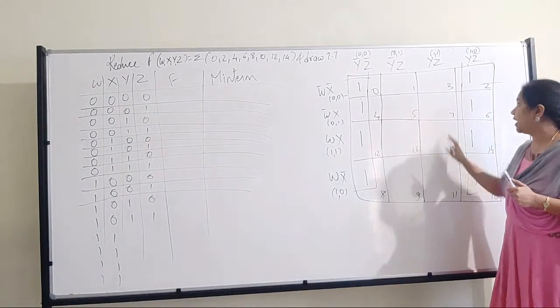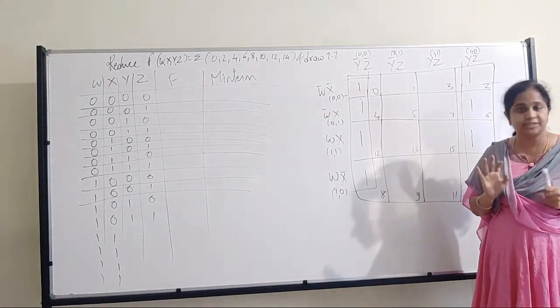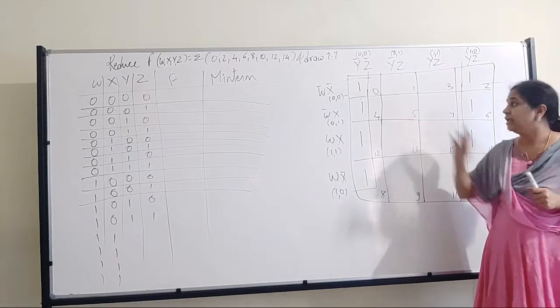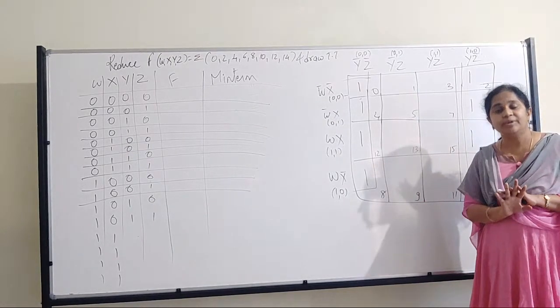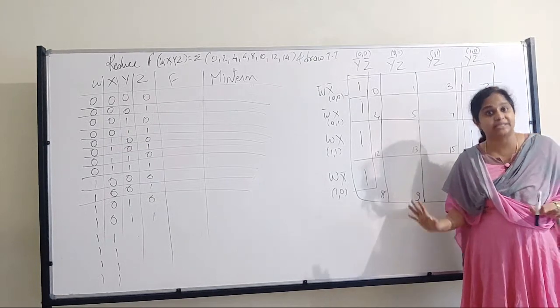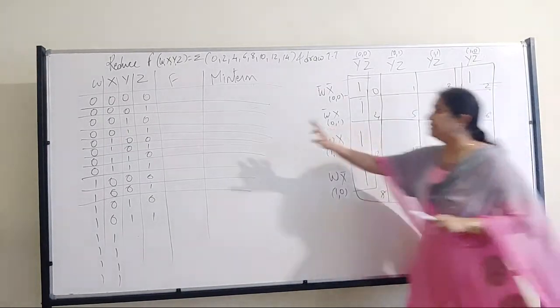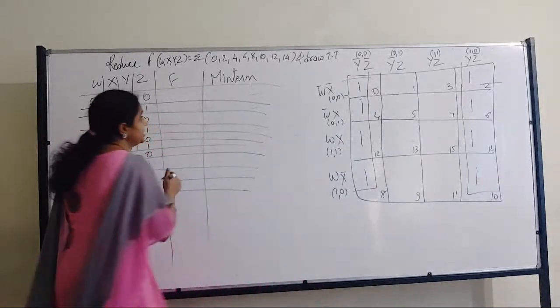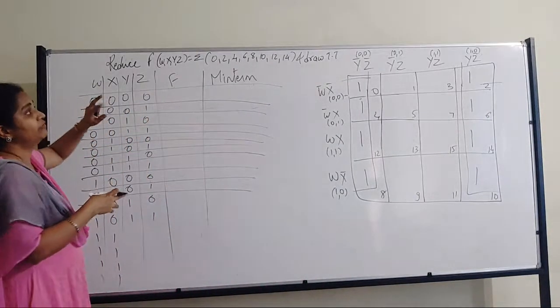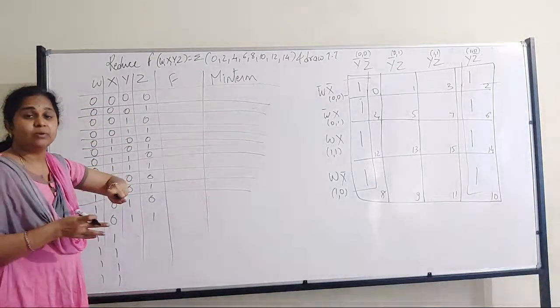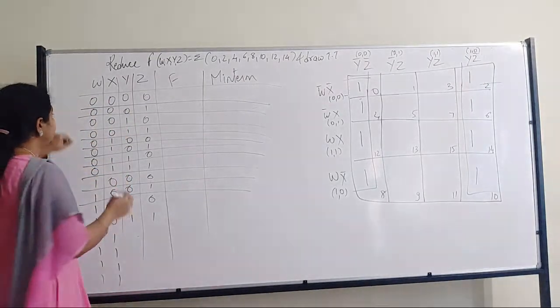The rest all are 0. That's what I told you in the beginning of the class, that we are not mentioning it as 0, but they are 0. In sense, this combination will never generate the result. Okay. So in the function, what we have to show is this 0, 2, 4, 6, 8, 10, 12, 14 only will be 1. Rest all will be 0.